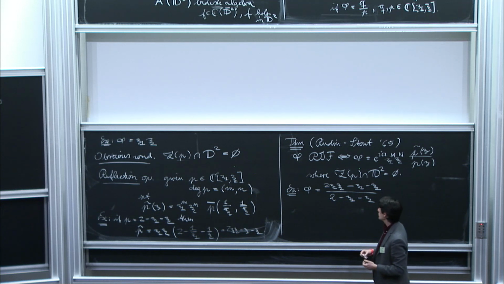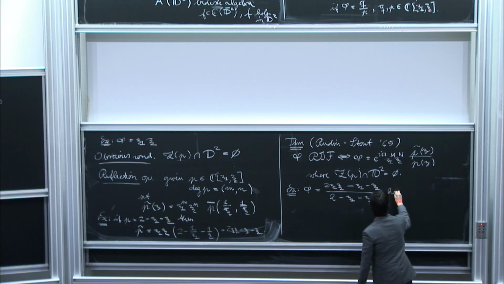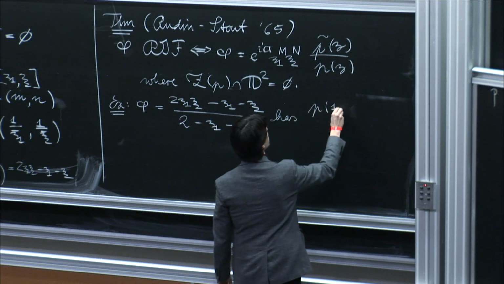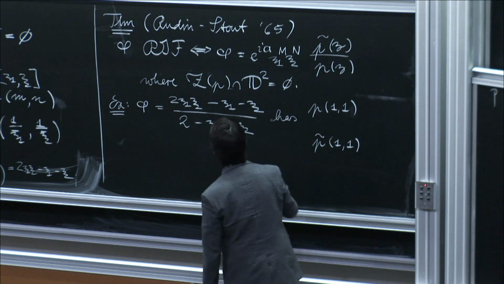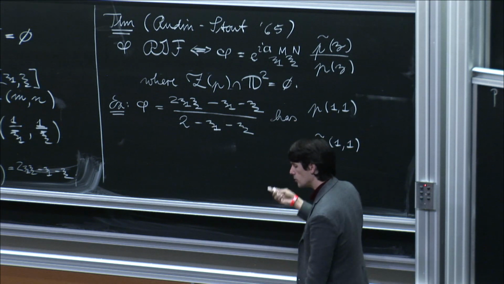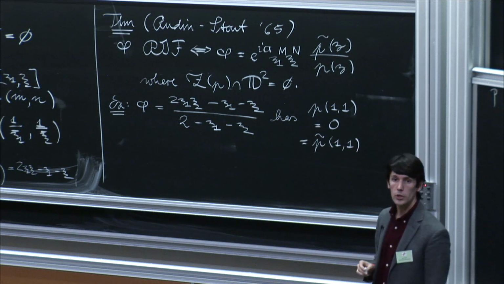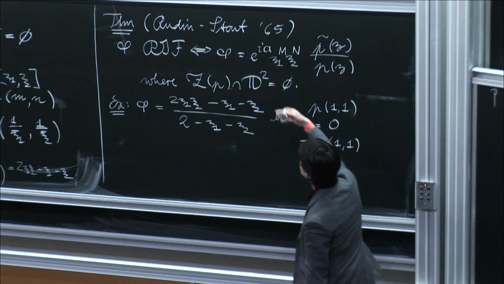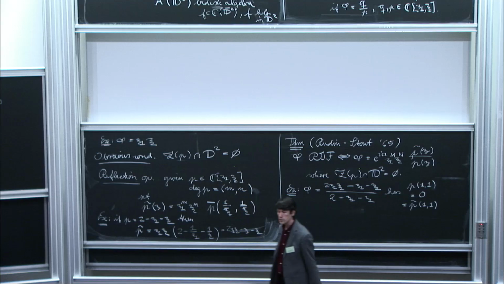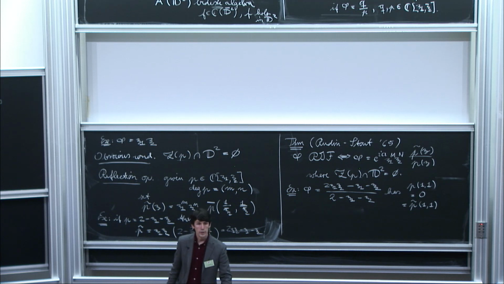Modulo unimodular factors. Now, one thing that happens in several variables that doesn't happen in one variable is this fact that if I look at the numerator and denominator polynomial for this function, then they are both 0 at the point 1, 1. So according to the Rudin-Stout theorem or just direct substitution, you can check that this function is actually rational inner.